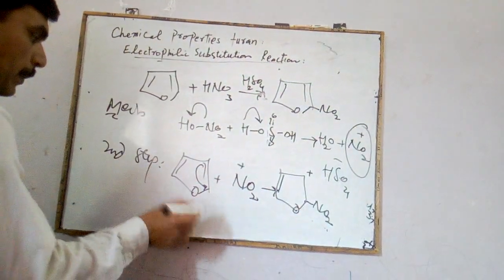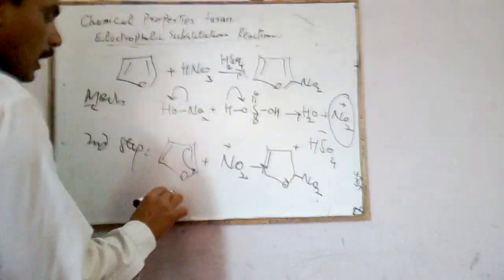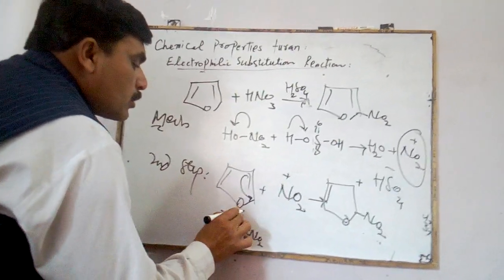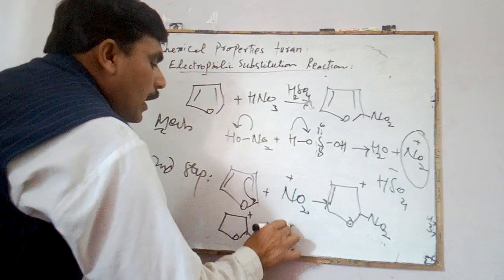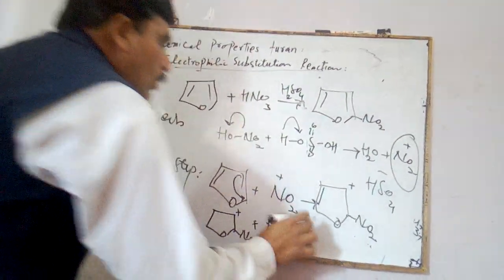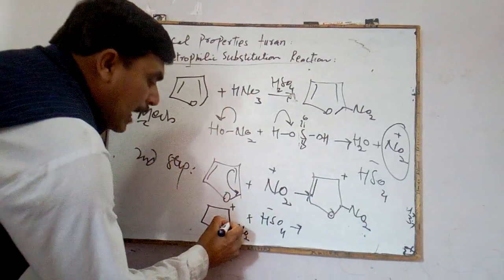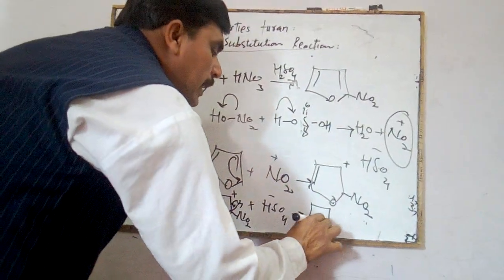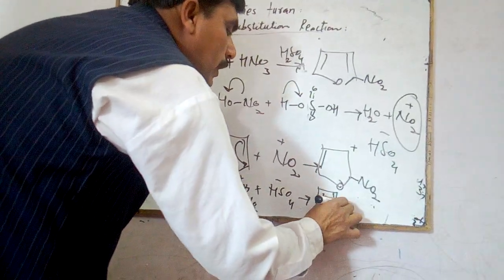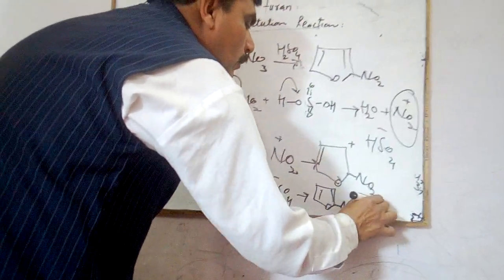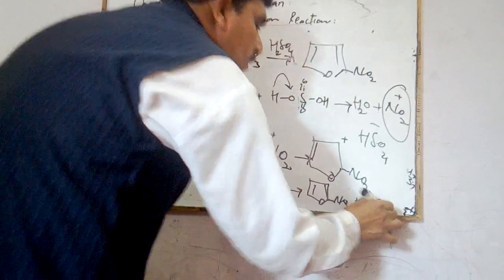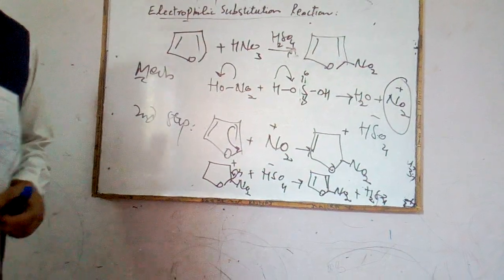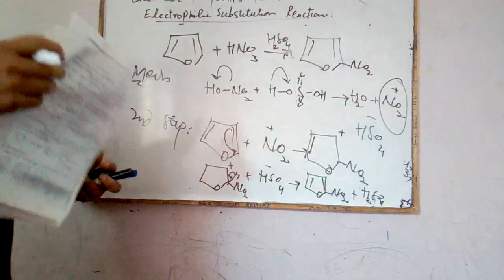While in the next step, NO2 and this position have positive charge, HSO4 negative will take up a proton from this position, and as a result the pi electron system will be restored, the nitro group will attach, and H2SO4, which was acting as a catalyst, will be recovered. So this is said to be nitration reaction.